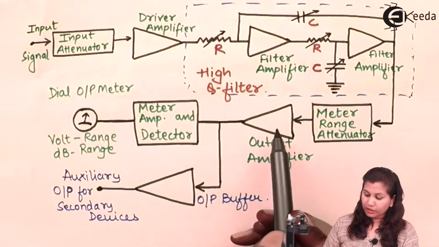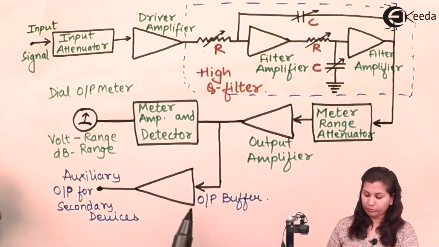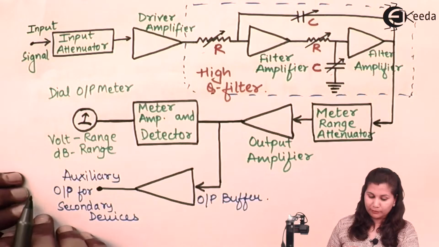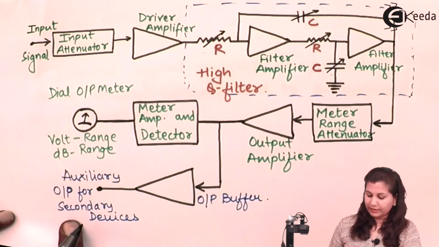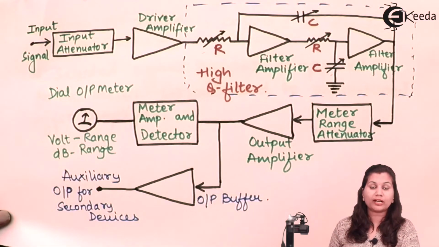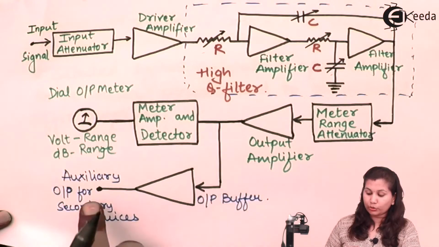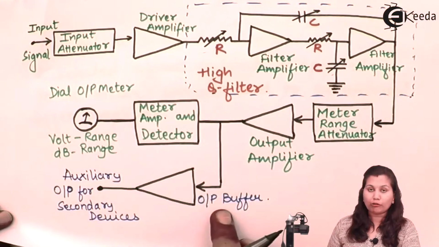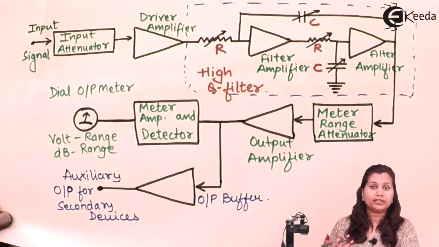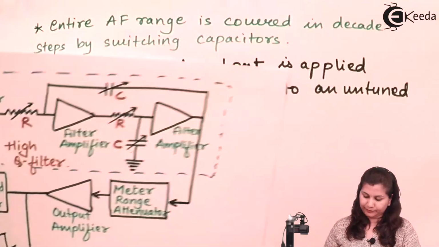Now this output is also applied to an untuned output buffer. The use of this buffer is to drive the output devices like recorders or counters. If any secondary devices are connected to this frequency selective wave analyzer, this output buffer will act as a driver for those secondary devices.